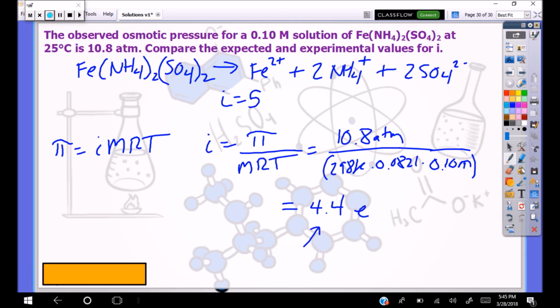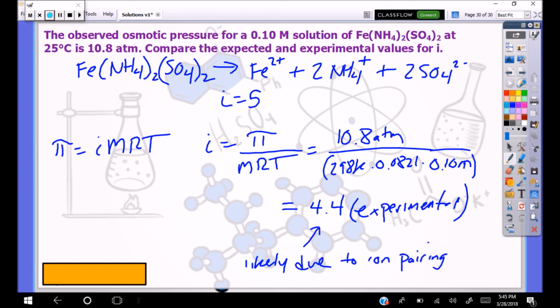So the van't Hoff factor has decreased. This is experimental, and if you see a decrease, again, it's likely due to ion pairing. Now, even though a 0.1 molar solution isn't very concentrated, you have to remember that with this particular complex, you get 5 particles for every 1 mole.